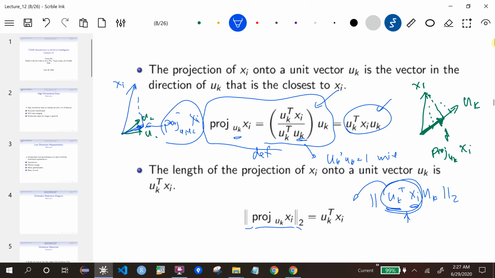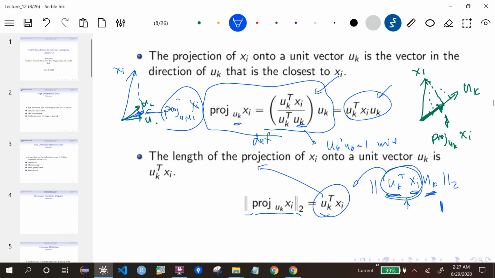We can put it outside of the norm. And then the norm of uk, since it's a unit vector, is 1. So we're only left with this scalar, and this scalar represents the length of the projection. That's another formula to remember.